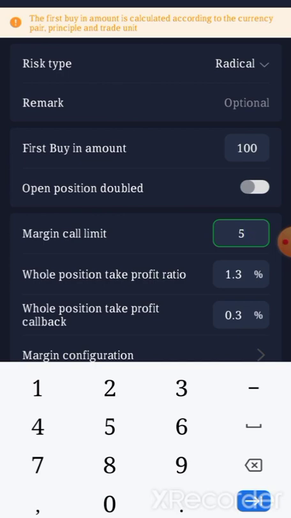So we need to be very prepared, so that in case it goes against us, we can still instruct our robot to continue buying up to 5 times, so that as it continues to buy, it narrows the gap between the average price and the new current price, so that we are not in floating loss. So that is explained.